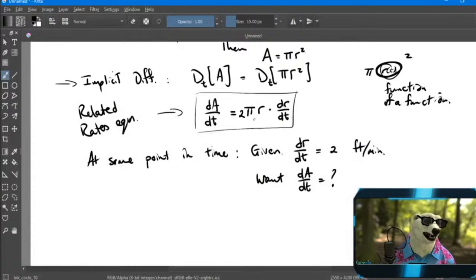And you see in this related rates equation, we have three things that we don't know. Only one of them can be missing, the one we want to find. We're going to have numbers for the other ones. So we need R as well.